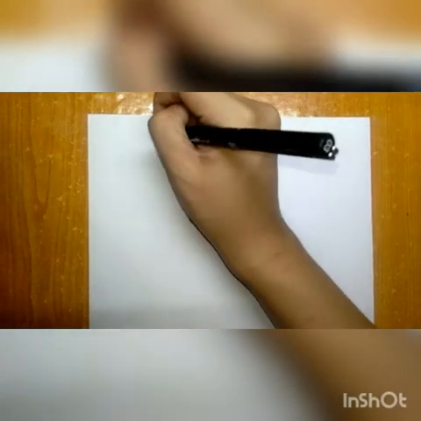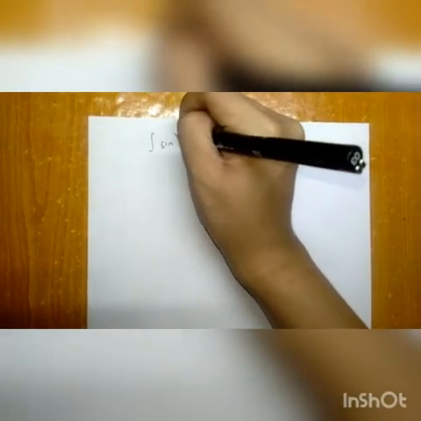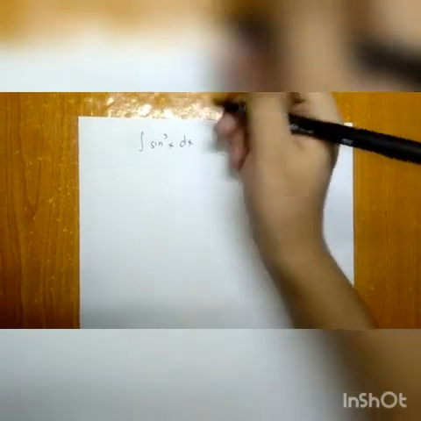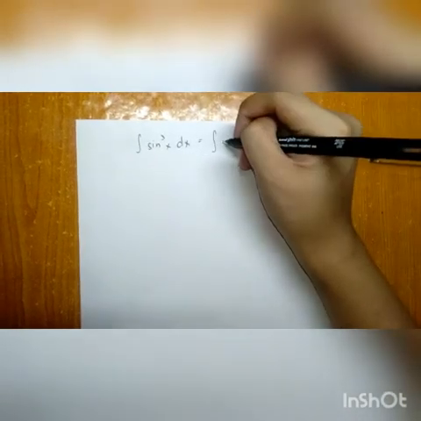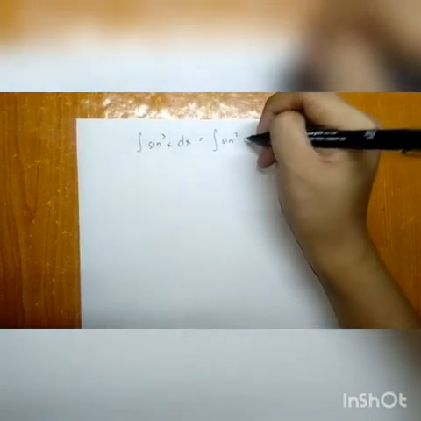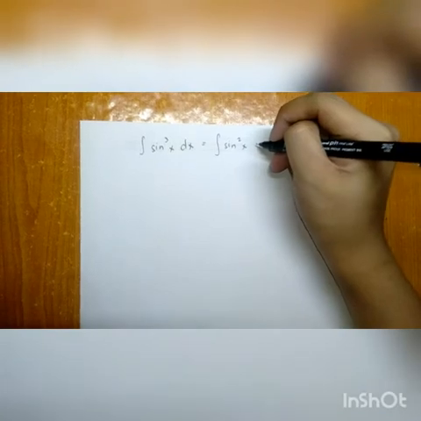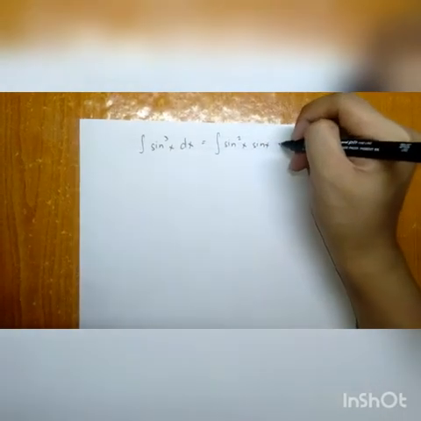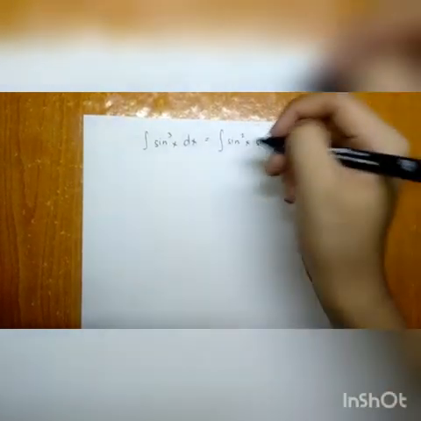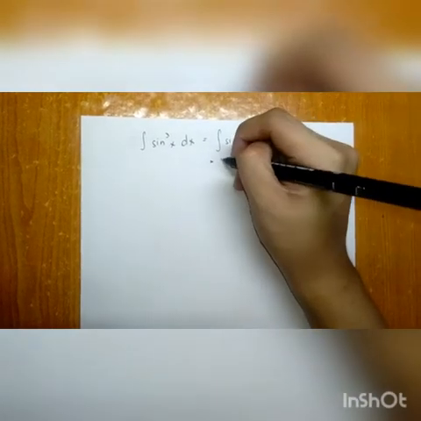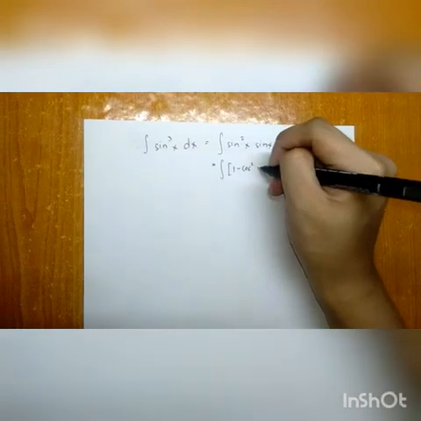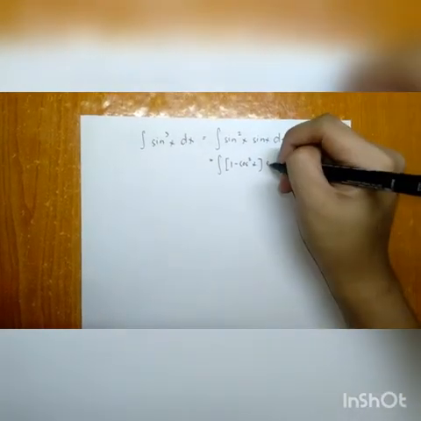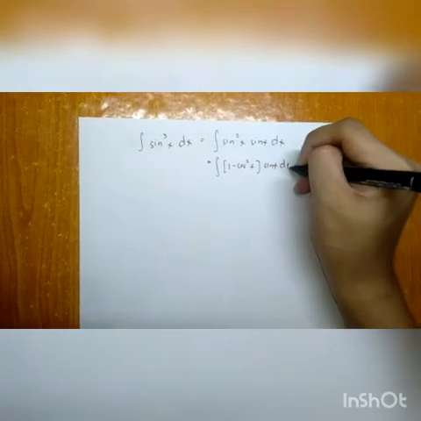Example number 1. The integral of sine cubed x dx. Since we have an odd power, we will divide it into 2. That will become the integral of sine squared x times sine x dx. We know that sine squared x is equal to 1 minus cosine squared x, then times sine x dx.